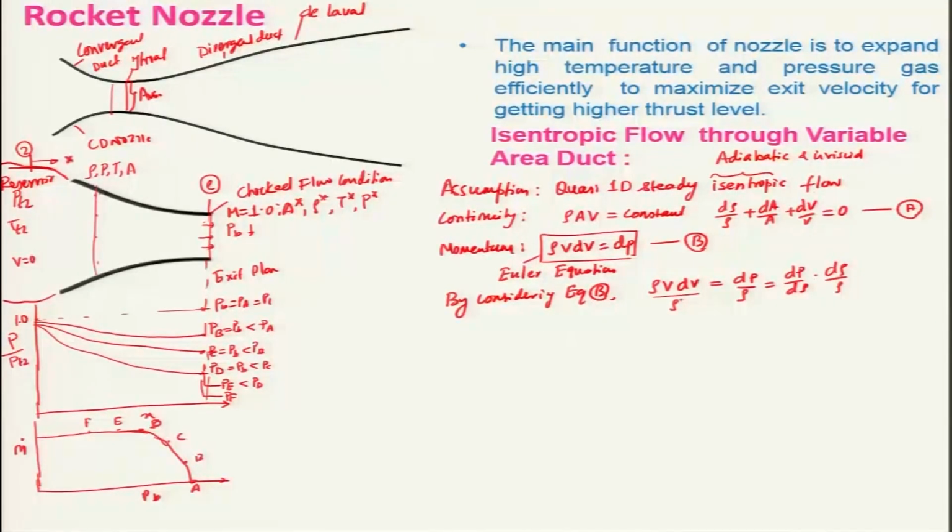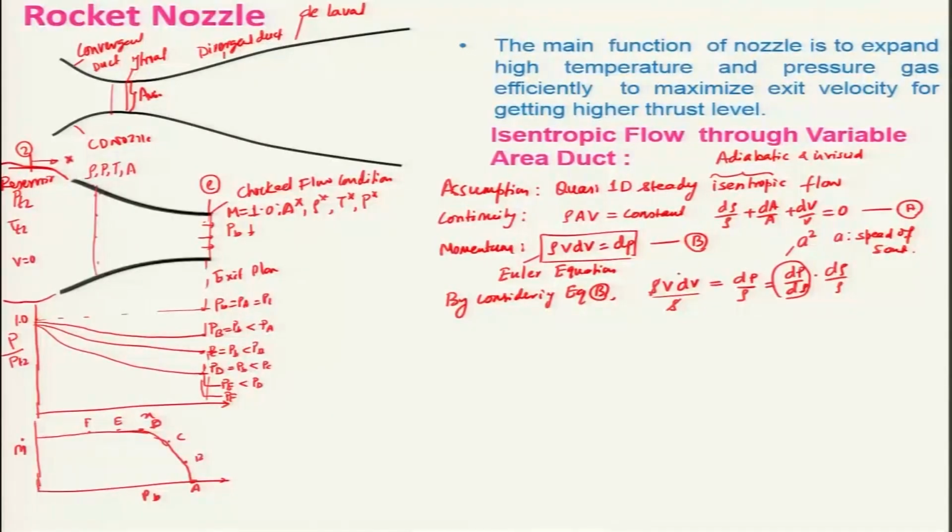Keep in mind that dP by d rho for isentropic flow is nothing but a square, where a is the speed of sound.